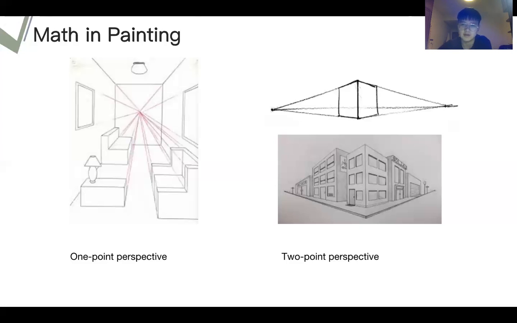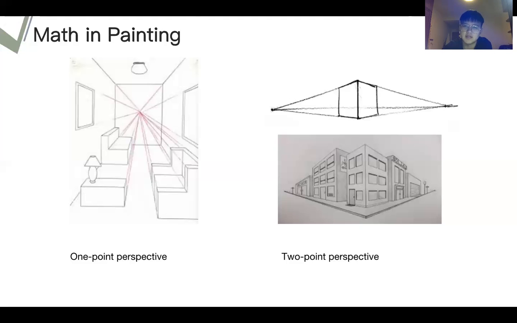Okay, the pictures on the right are called two-point perspective. So let's first look at the picture on the bottom. This picture looks very detailed, so I extracted the picture out, and we get the picture above.